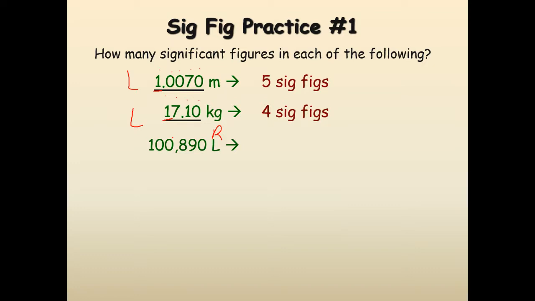We start counting once we hit the first non-zero digit. On this side, this one is a 0, so that doesn't count. This is my first non-zero digit, so I start counting here till I hit the end of the number. So 1, 2, 3, 4, 5. So this one also has 5 sig figs, because I start on the right-hand side and I go all the way to the opposite side. This 0 is not significant, so we're going to ignore that.